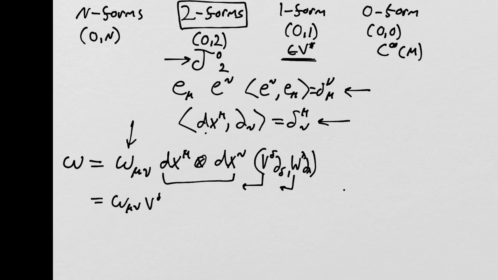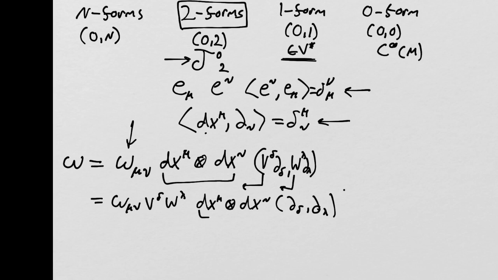So I get V delta, W lambda, and then what's left behind is the actual tensor basis, dx mu dx nu, operating on partial delta, partial lambda, like this.